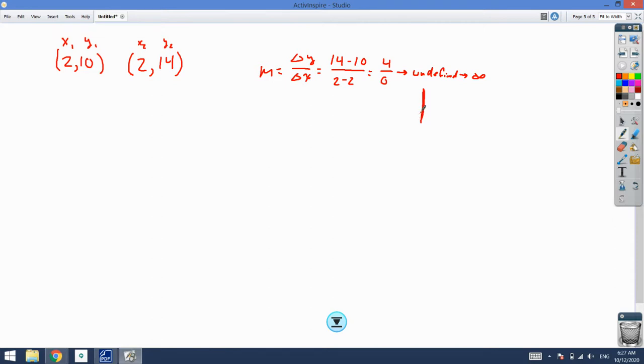So, what does that mean? Well, let's try putting it into general terms. We have a graph that goes through (2, 10) and (2, 14).